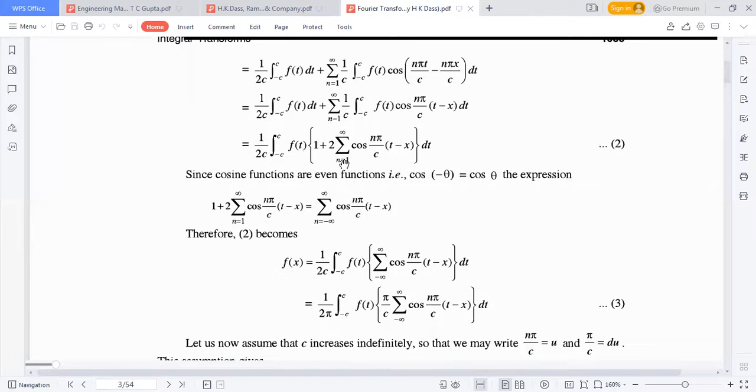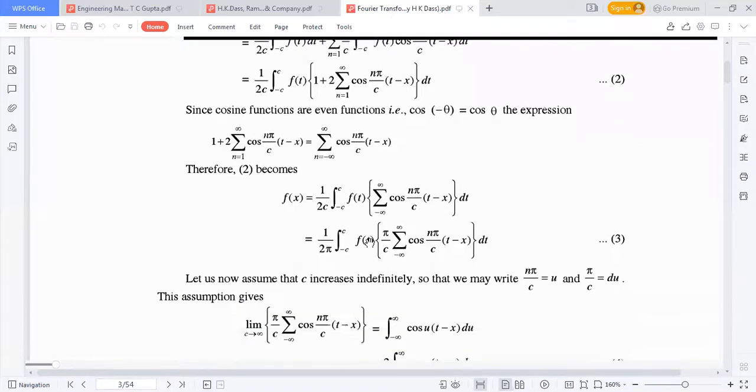Now, therefore, this equation 2 becomes f of x equals 1 by 2c, integral from minus c to plus c of f of t, and this whole series can be written as summation minus infinity to plus infinity cos n pi by c, t minus x, dt. This dt is integration with respect to t.